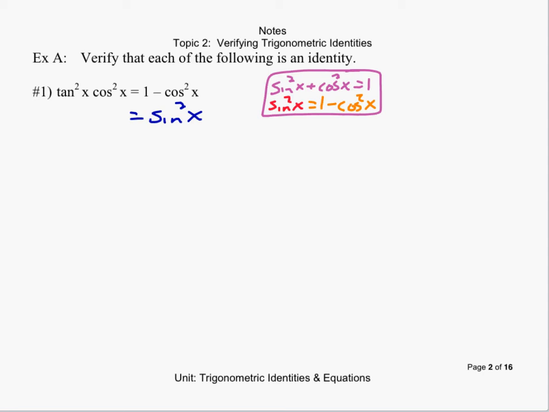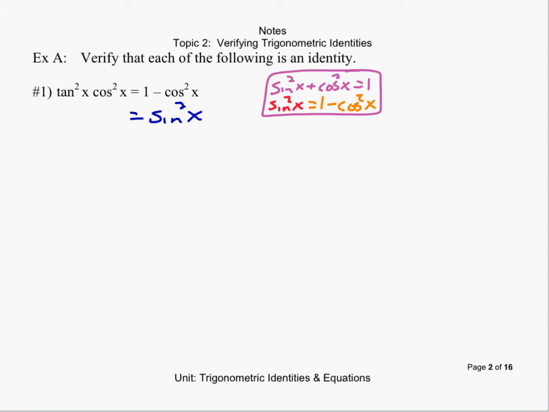Since that's pretty simple, I'm going to go back to the left side and see if I can change it in some way, shape, or form. One of the suggestions that I gave you, not on this paper, but the other day, I think the only suggestion I gave you, is when in doubt, change things to terms of sine and cosine.